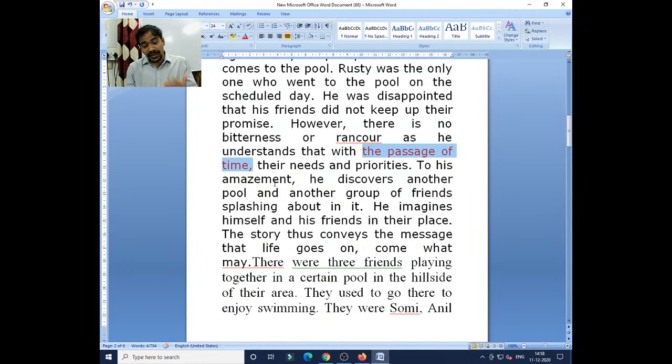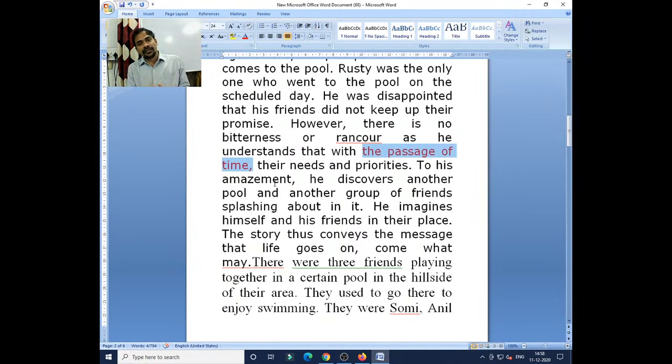As soon as you have some needs and priorities, time will change you forever. Time will never allow you to come together once more. To his amazement, he discovers another pool and another group of friends splashing about in it. He imagines himself and his friends in their place. Did you understand?